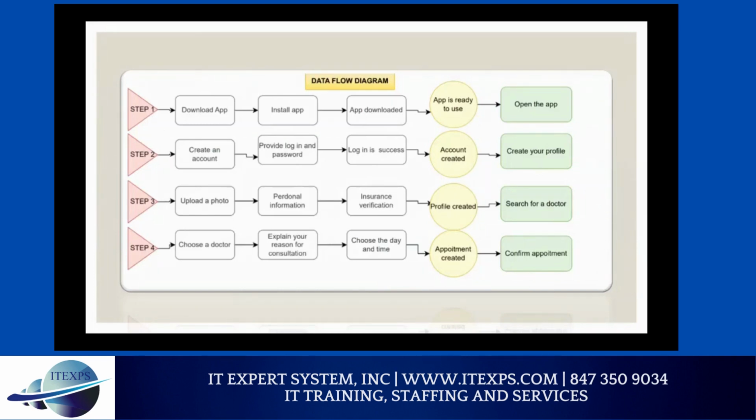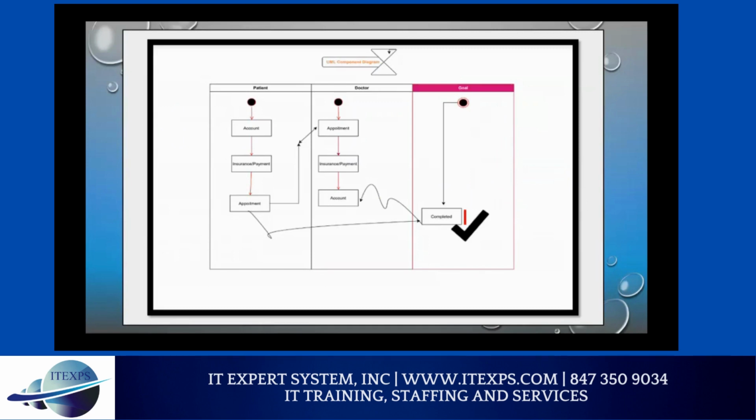Login is successful, account created, then you can create your profile, upload the photo, personal information, insurance verification, and profile created. Then search for a doctor, choose a doctor, explain your reason and the consultation you need, then choose the day and time you would like to see a doctor, appointment created, and then you confirm the payment.